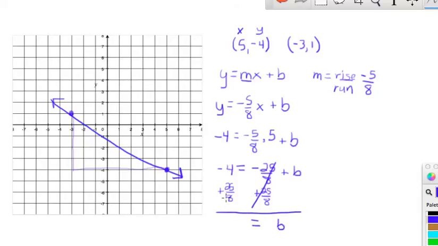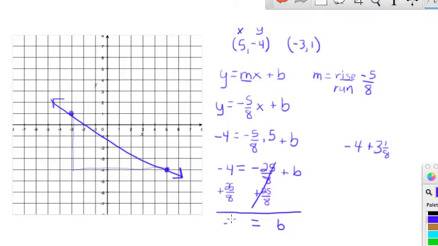So now I have to do this nasty arithmetic here. Let's see. I've got -4. I think I'll change this to a mixed number. 25/8. Let's see. 8 goes in there 3 times with 1 left over. So that's plus 3 1/8. So let's see. I think money, if I'm $4 in the hole and I win back 3 1/8, I'm still 7/8 in the hole.